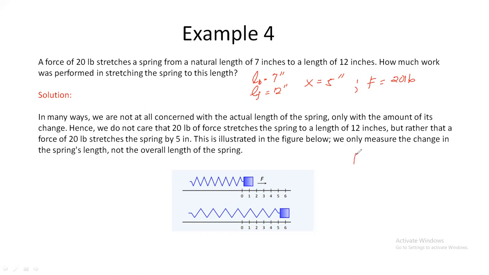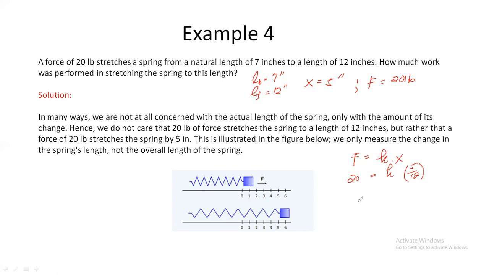So determining the K, you have F equal to K times X. You substitute 20 for the force, do not place the unit anymore, then you have K, and you have 5 for the inches. Since what goes with the pounds, class, is always feet, you divide this by 12 so that we make the unit feet. So I'll change this to 5 divided by 12. That way, the 5 inches here is converted to feet.